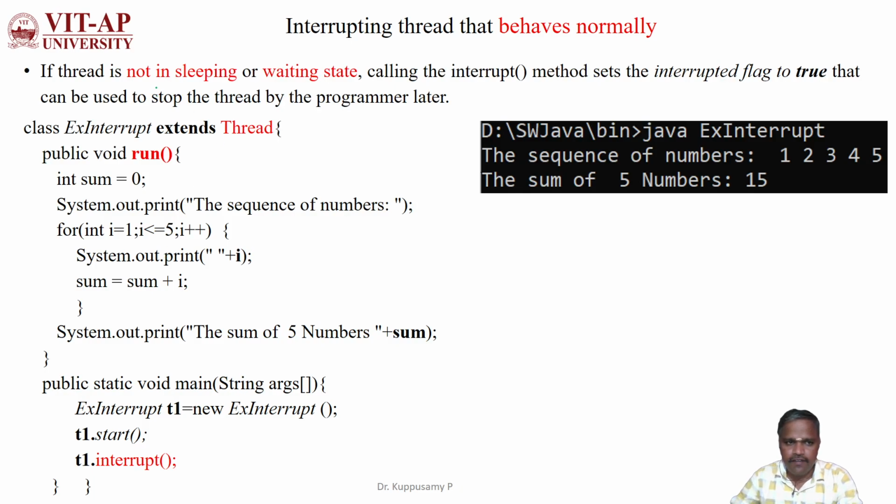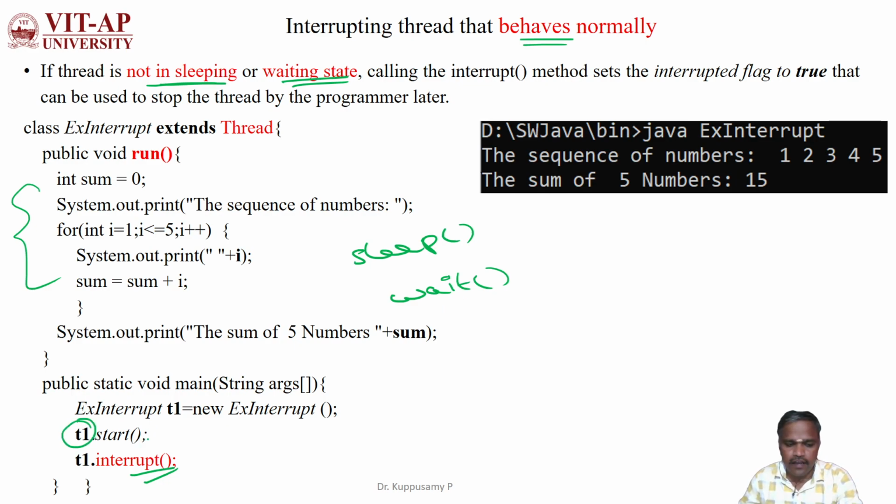And when we are using the interrupt method when the thread is not in the sleeping state or not in the waiting state, it will behave normally. That means, you see, here we did not use any sleep method or wait method. Both are not used. That means our thread T1 is in the active mode only, not in the sleep mode. Even though I am using the interrupt method, the program will not stop the process or interrupt the process.